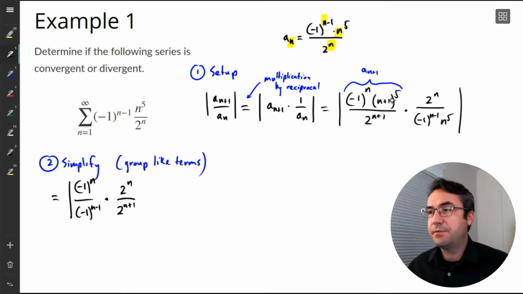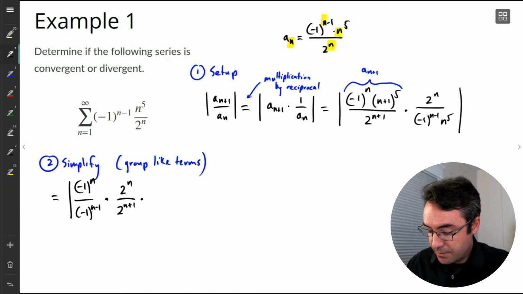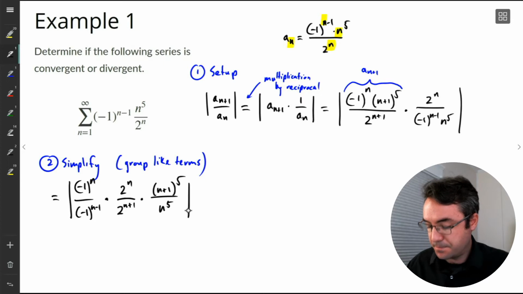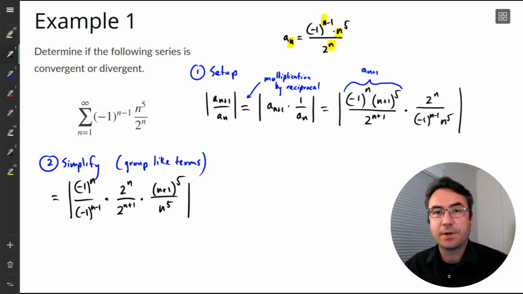And then finally we have this n plus 1 to the power 5, and then this n to the power 5. Those are similar functions, so we're going to group them in their own fraction. All right, so we're just kind of rearranging things. It's kind of nice to do that. All right, now we get to start canceling.